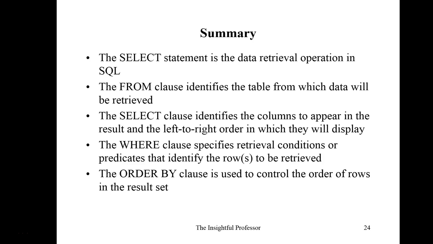To retrieve a subset of rows, we use the where clause, specifying a search condition or predicate. That condition is evaluated on a row-by-row basis, and for each row for which it evaluates to true, those rows will be returned in the output. For the rows where it does not evaluate to true, those rows are discarded. They do not appear in the result.